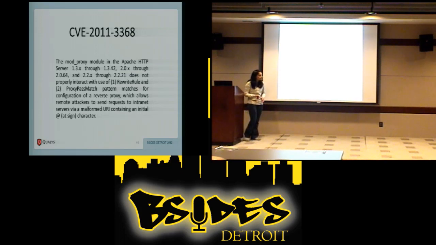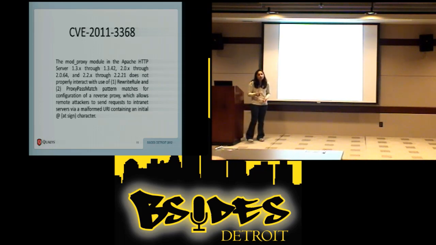So this is the older reverse proxy issue that we are going to be looking at. It has a CVE, 2011-3368, and if you read through the CVE, what it says is that the mod_proxy module in Apache HTTP server. So I mentioned that to configure reverse proxying for Apache, you need a module called mod_proxy.